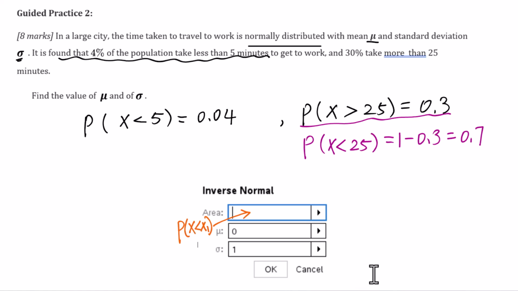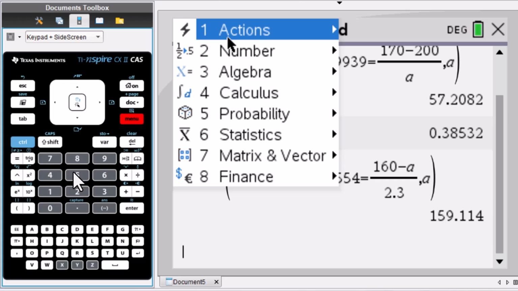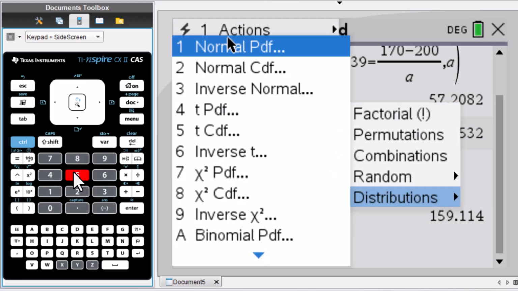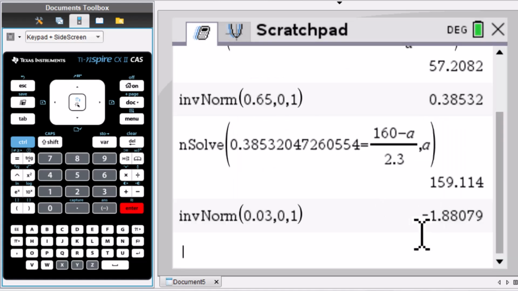Now let's go to calculator. Menu 5 probability, 5 distribution, 3 inverse normal, area 0.04. Enter. We got negative 1.88079. This is a z-score.